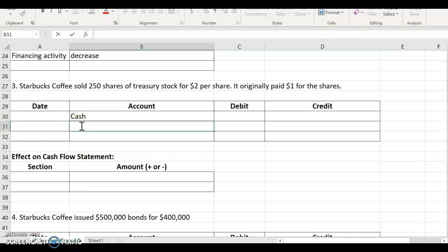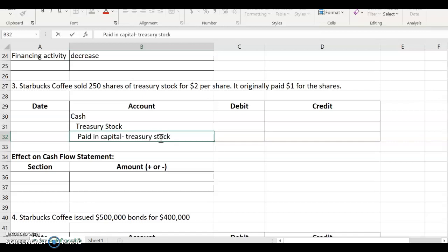So we're going to reduce our treasury stock. And any amount over the original price, we're going to credit to paid in capital, treasury stock.